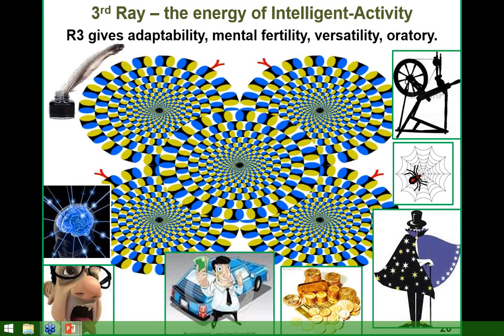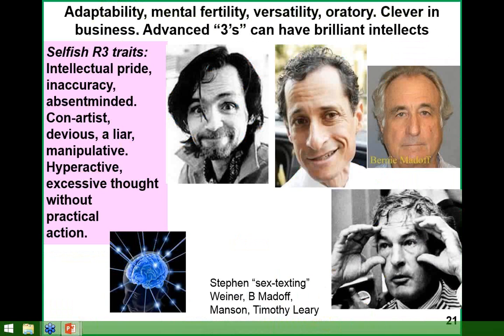And so we will look at some famous types, perhaps, of third ray types. So third ray gives generally, I've got up the top the qualities of adaptability, mental fertility, versatility, oratory, clever in business. Advanced threes can have brilliant intellects.